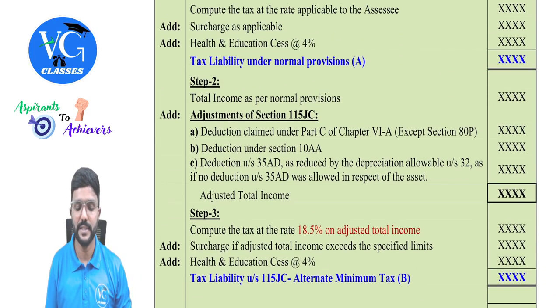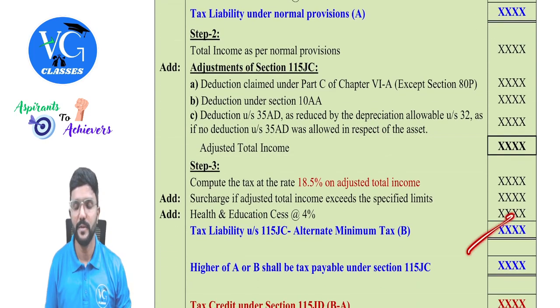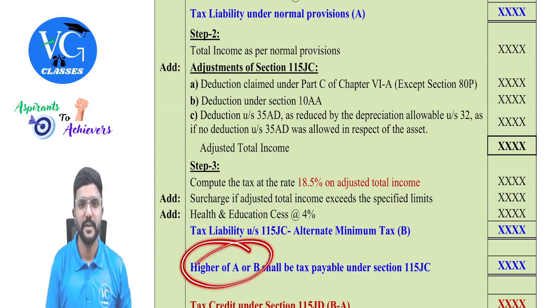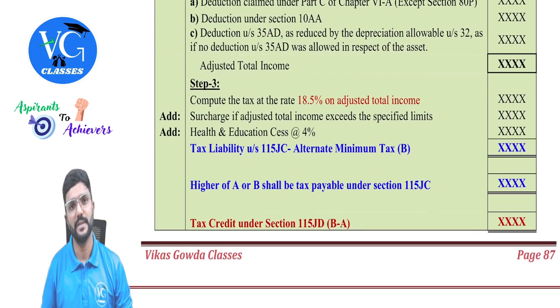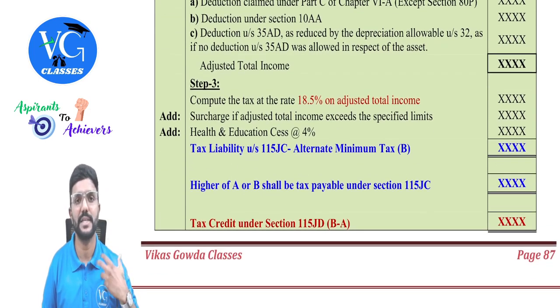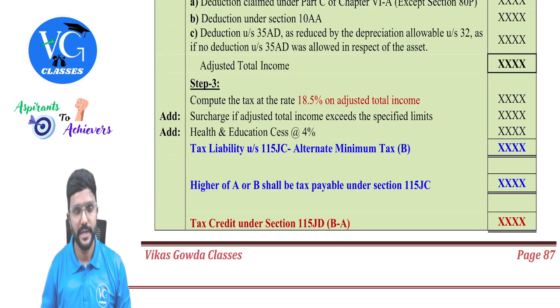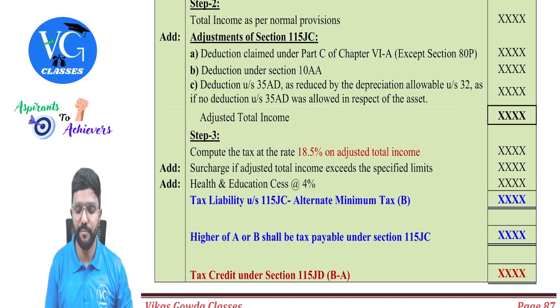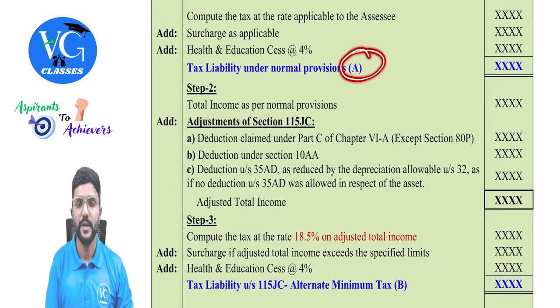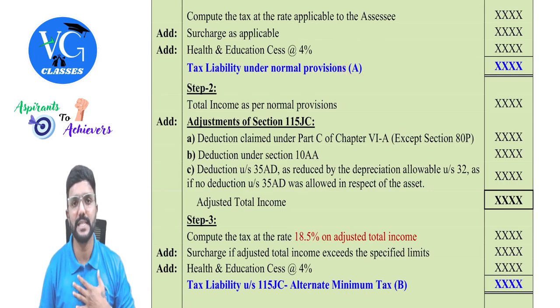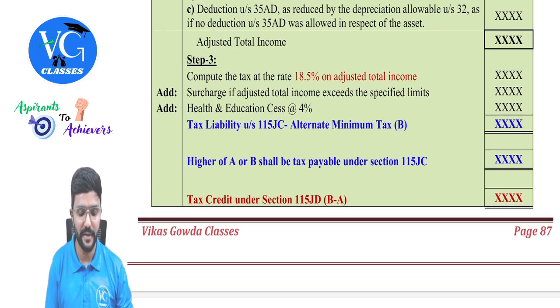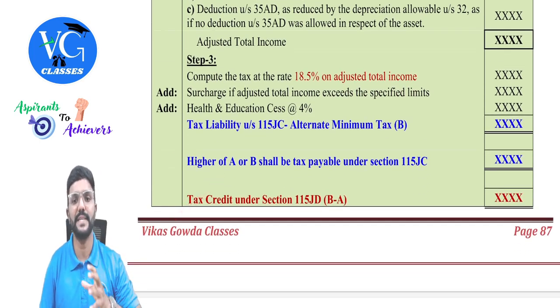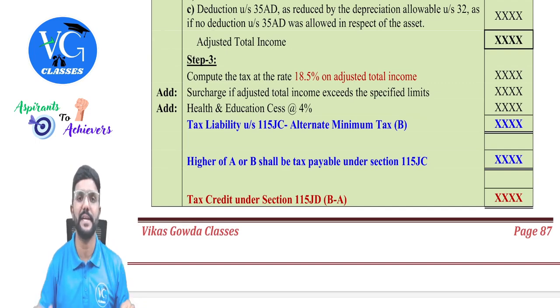Now compare both, guys. Compare A or B. Whichever is higher is the tax liability of the assessee. Higher of A or B is the tax to be paid by the assessee. Got it? And if B is more than A, to the extent of the difference, the assessee will get AMT credit, B minus A. Only if B is more than A will you get a credit.